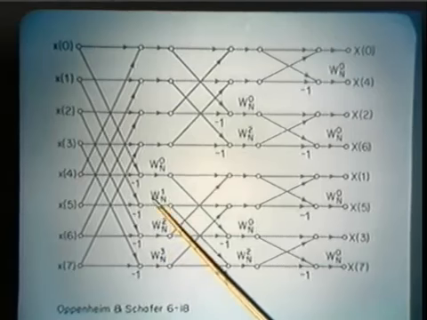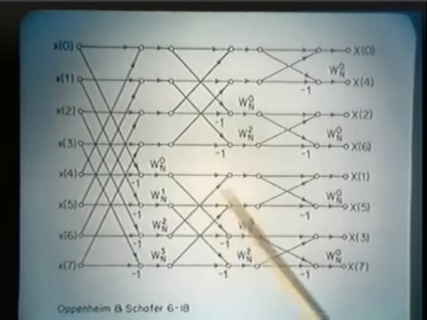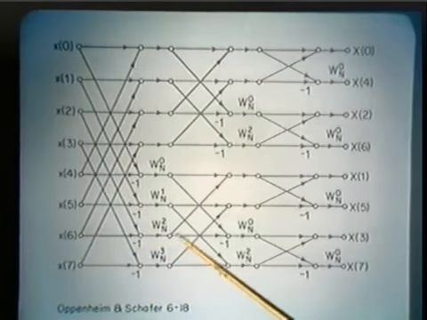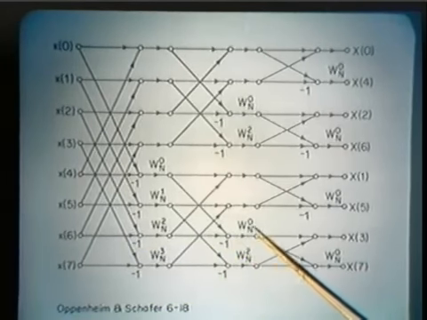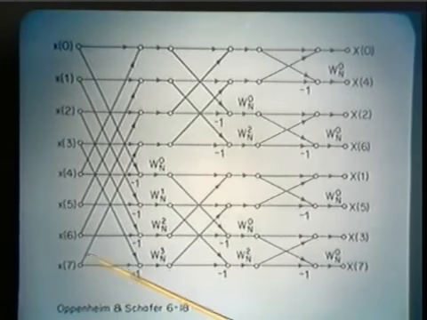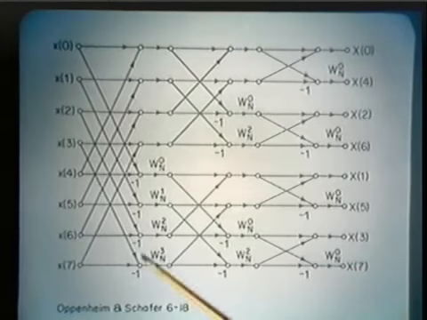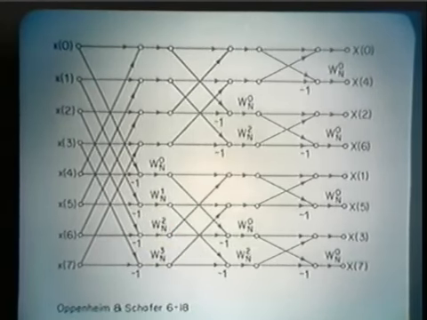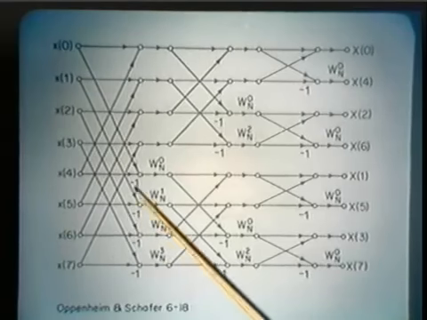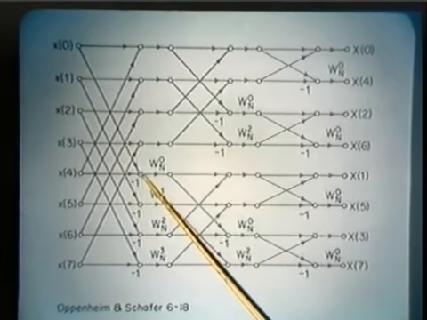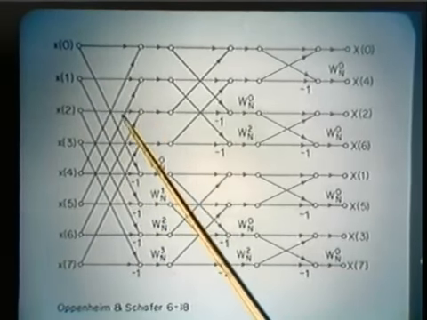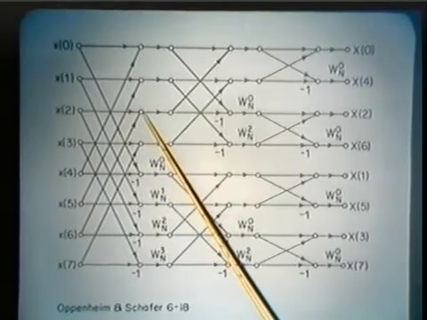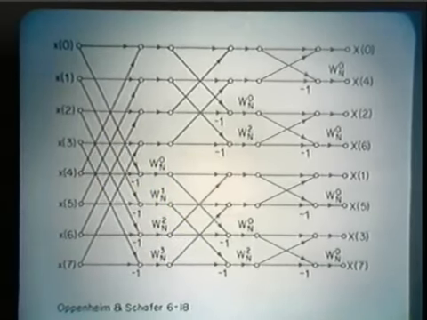The flow graph as it developed here, again, if we think of it as a computational strategy, a strategy for organizing the computation, again corresponds to an in-place computation. It's an in-place computation because horizontally adjacent nodes, output nodes for a butterfly, are horizontally adjacent to the input nodes of the butterfly.